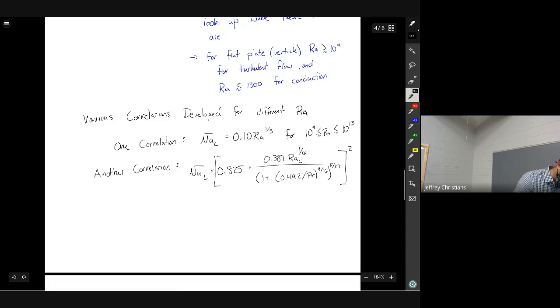And then that whole thing is squared. Right. So I write that just to show that sometimes they can get kind of wacky. So this works pretty well for all values of Rayleigh number.